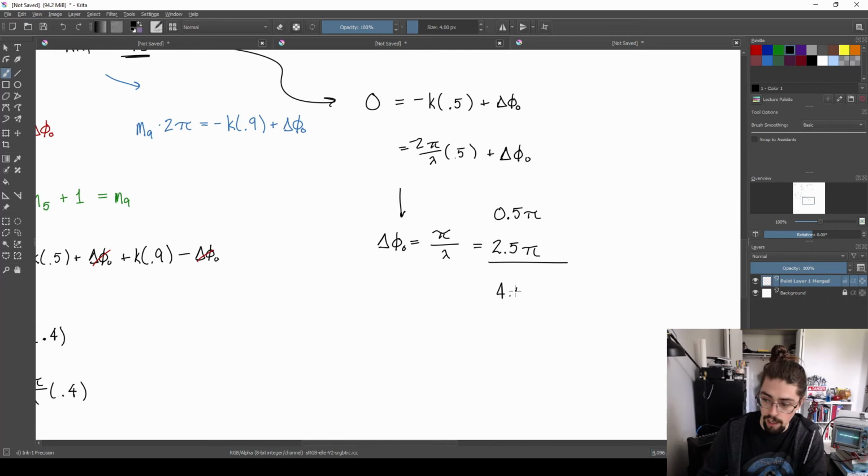Or 4.5 pi? Or 6.5 pi? For any phase-related value, you're pretty much free to add and subtract 2 pi anytime you want. It's not actually a big deal.